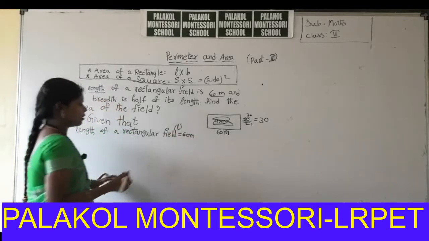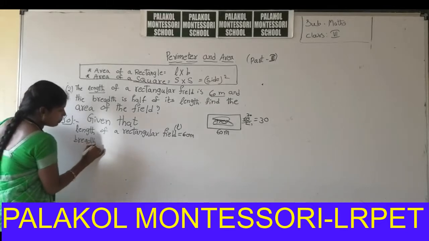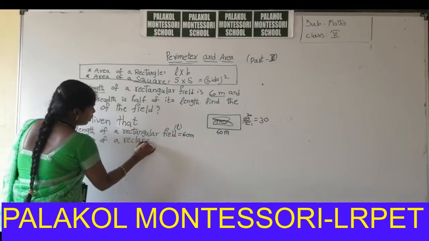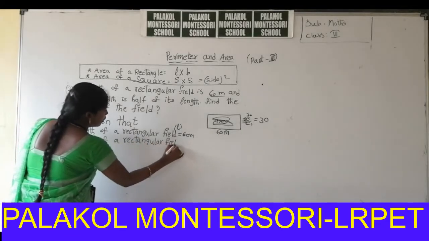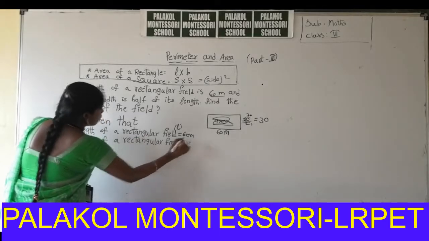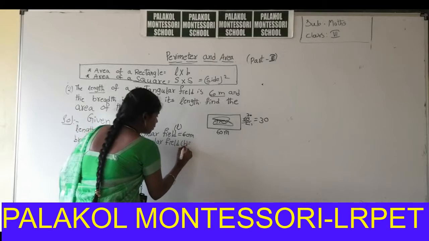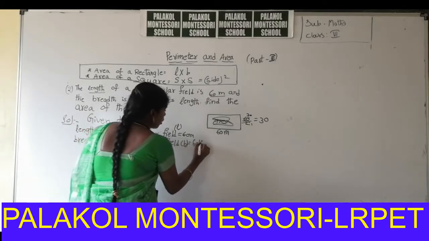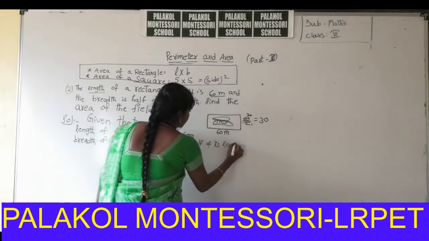So this is nothing but L. And the breadth of a rectangular field, B, is half of its length.